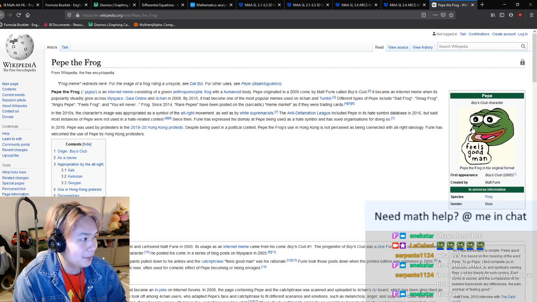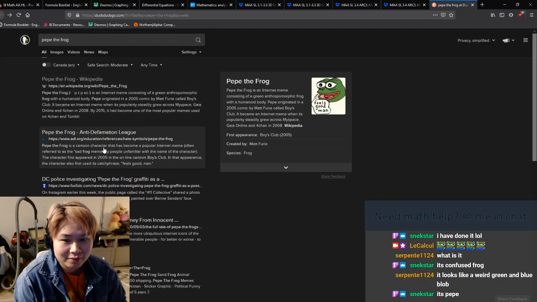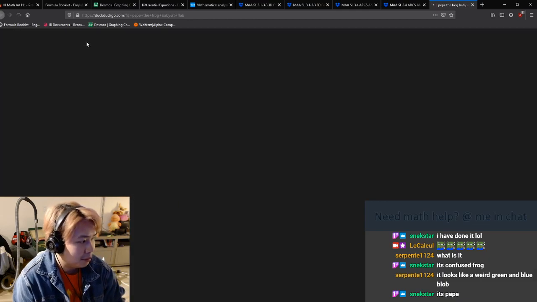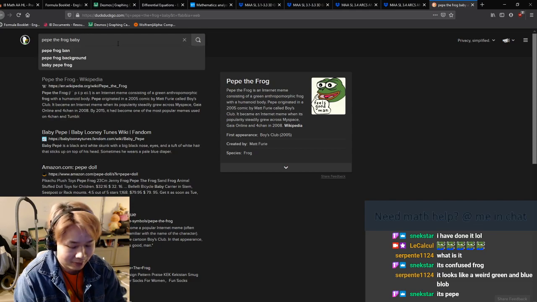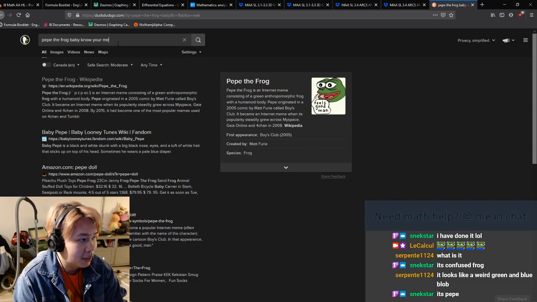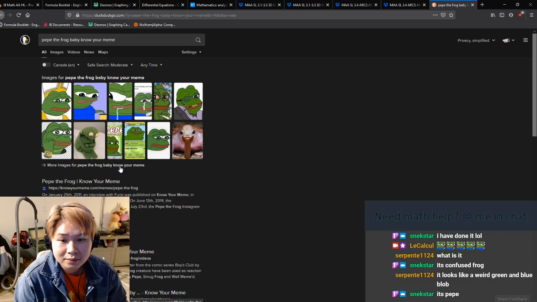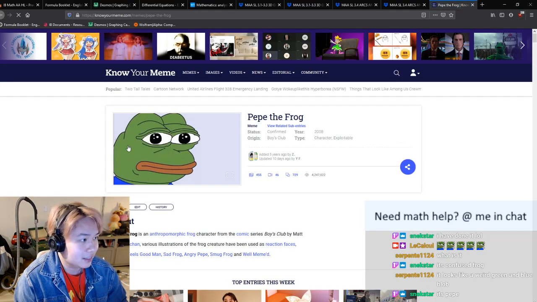Like this is Pepe. It's like a weird baby version of Pepe. Know Your Meme. See, this is Pepe, grown up and kind of sad looking.